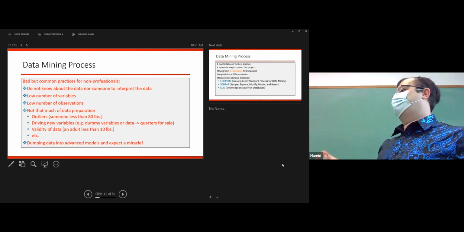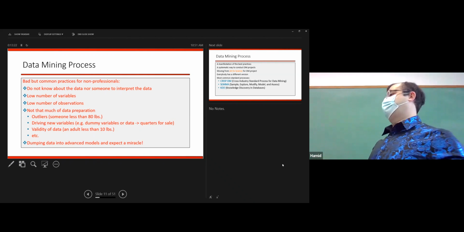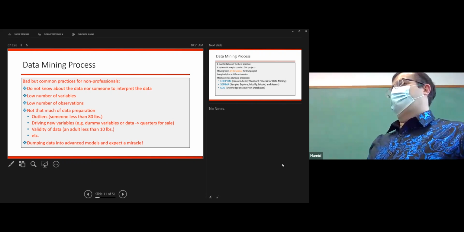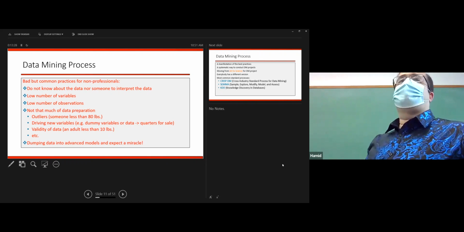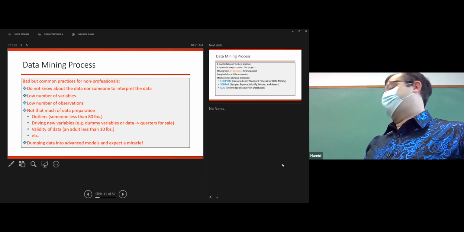It was for an adult population and somebody's weight was less than 10 pounds. Do you think what could be a problem? Any guess? There could be a chance that there are more unidentified kids in there. No, it's just for adults.